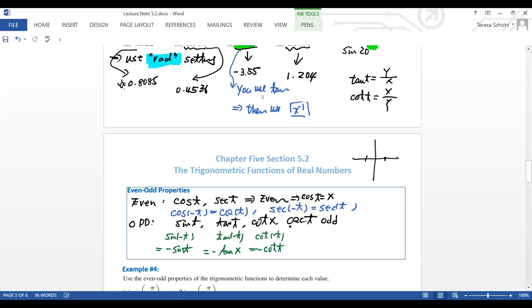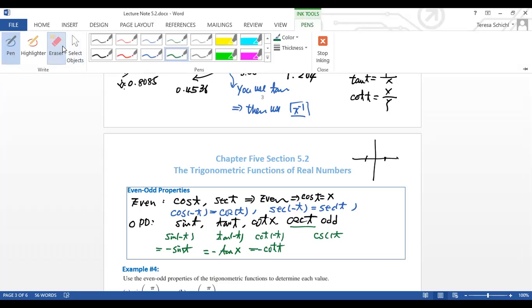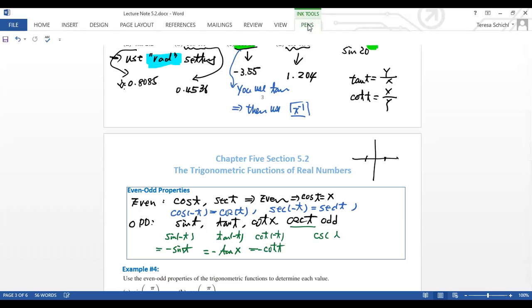And cosecant negative t will be equal to negative cosecant t.